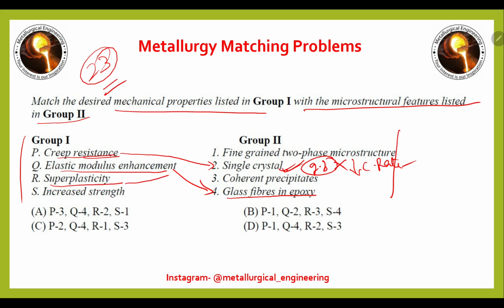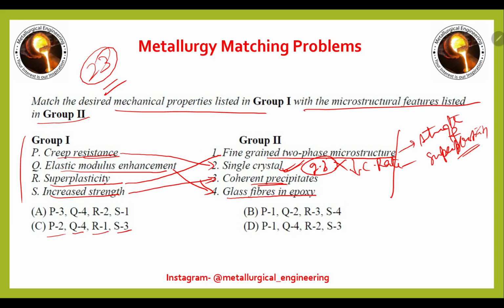Superplasticity, fine-grained two-phase microstructure. Increased strength, that is from coherent precipitate. So the right answer is P2 Q4 R1 and S3. So the C part is the right answer.